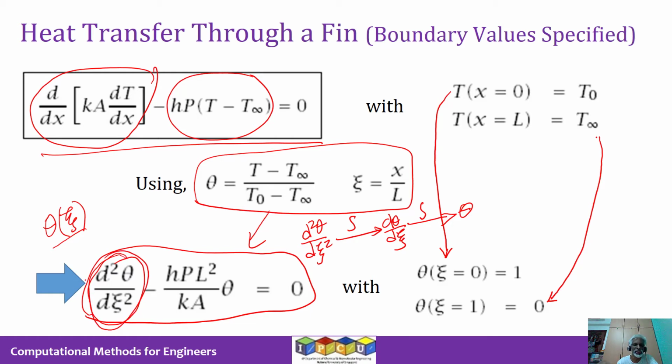When you do two integrations, you will introduce two integration constants. To solve a second order ordinary differential equation, we would need to specify two conditions so that the integration constants can be obtained without any ambiguity. So two conditions are required. If the highest derivative is a first order derivative, then you require only one condition.